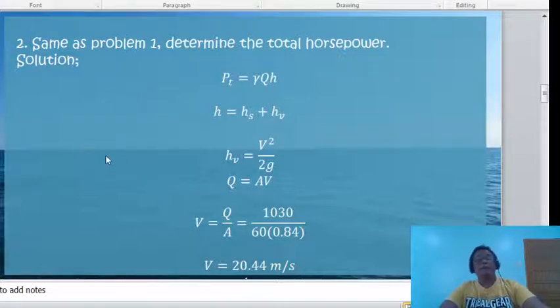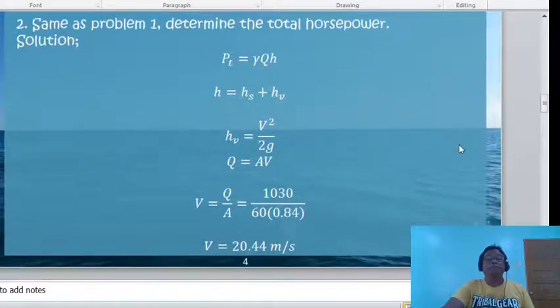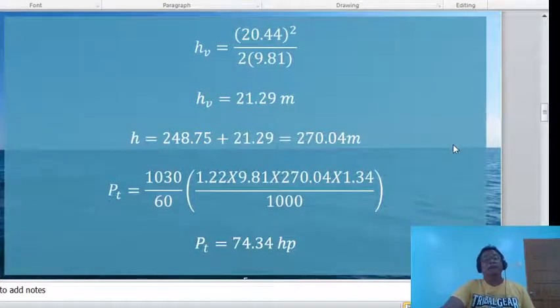From the given, Q is equal to area times velocity, and then getting now the velocity, that is 20.44 meter per second. Substituting now to the formula, the velocity head is 21.29. So the total head now is equal to the velocity head plus the static head, that is 248.75 plus 21.29, or equivalent to a total of 270.04 meters.